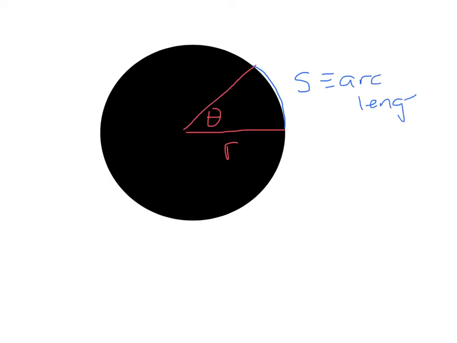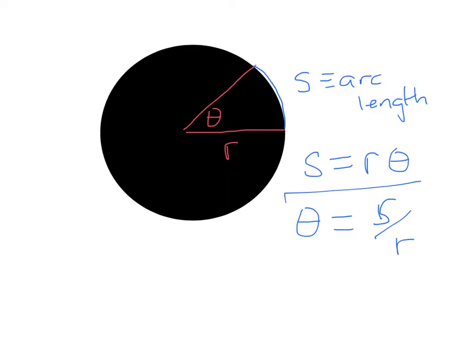All right, some algebra 2 / pre-calculus, and we said the relationship that existed between these is S is equal to the radius times the angle theta. Very easy to convince you of that. And through some basic algebra, we'll just say that theta is equal to S over R. S over R. All right? Now theta has to be measured in radians.